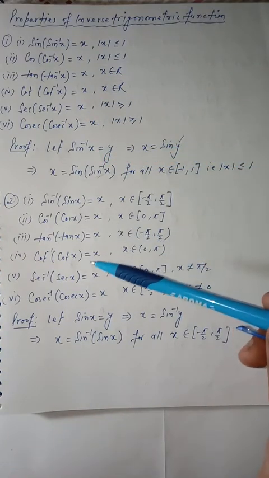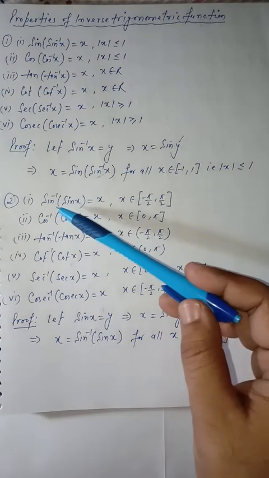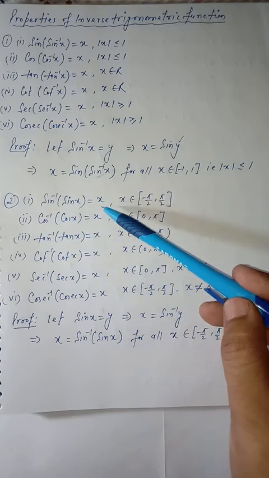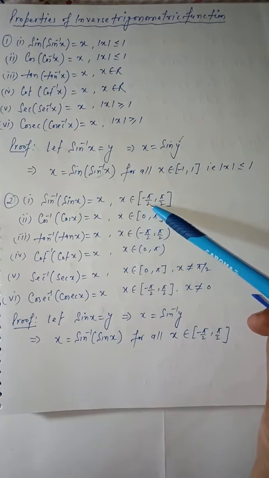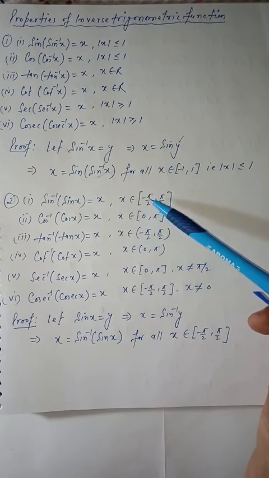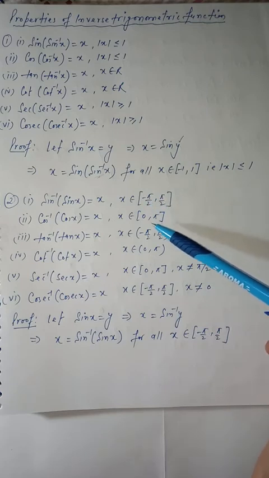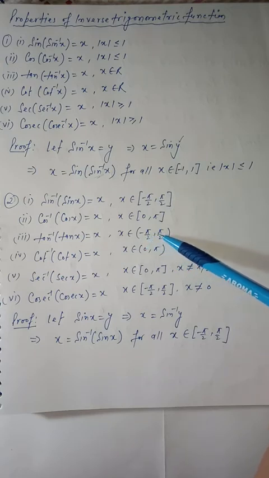In the same manner, when this is reversed, like sine inverse of sine, cos inverse of cos, tan inverse of tan, again it gives x, but the condition is that x must be in the range of the inverse function. We already know the range of sine inverse is from -pi/2 to +pi/2. Range of cos inverse is 0 to pi. Range of tan inverse is the open interval -pi/2 to +pi/2.